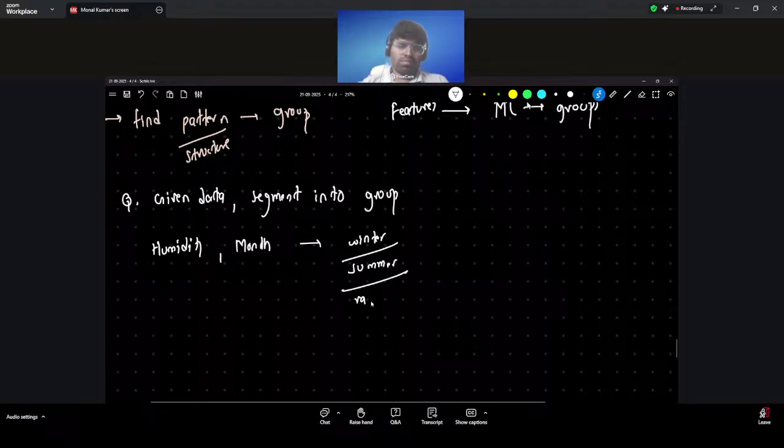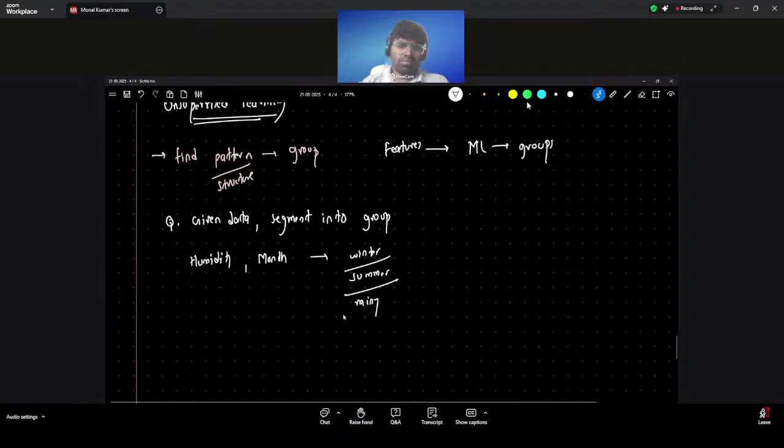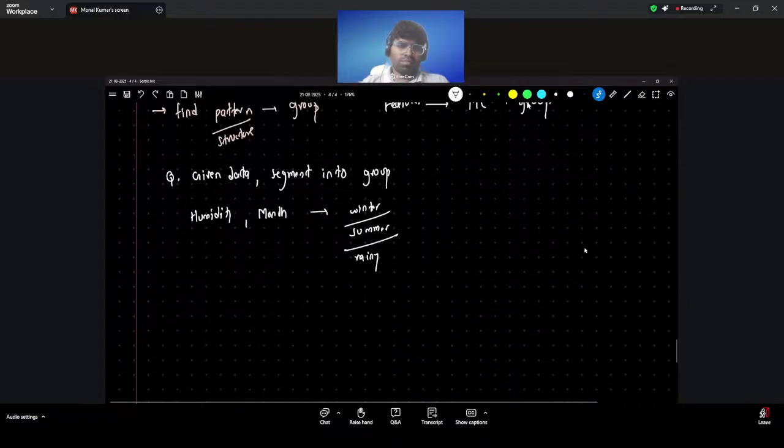Are we clear? The groups are something which we will decide, but we will just say that this is the data. Just create or find some groups.